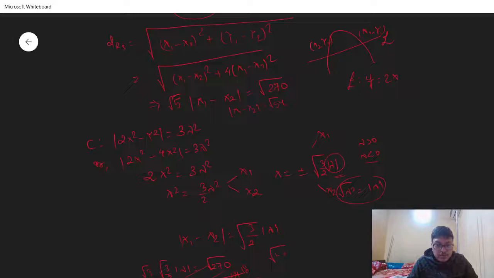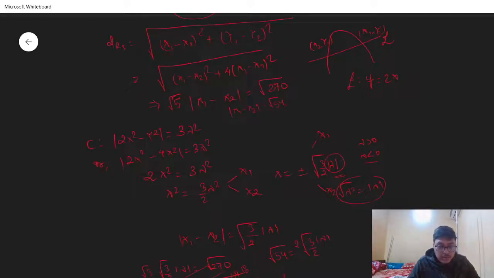So root 54 equals root 3 by 2 mod lambda times 2 root 5, or, one second, mod lambda times x1 minus x2.